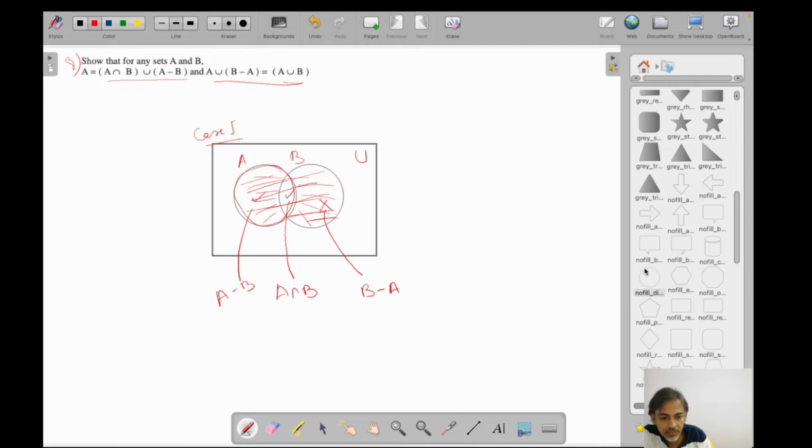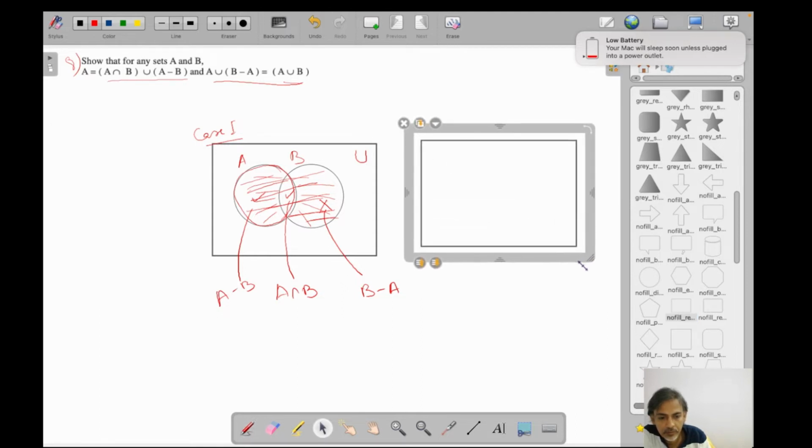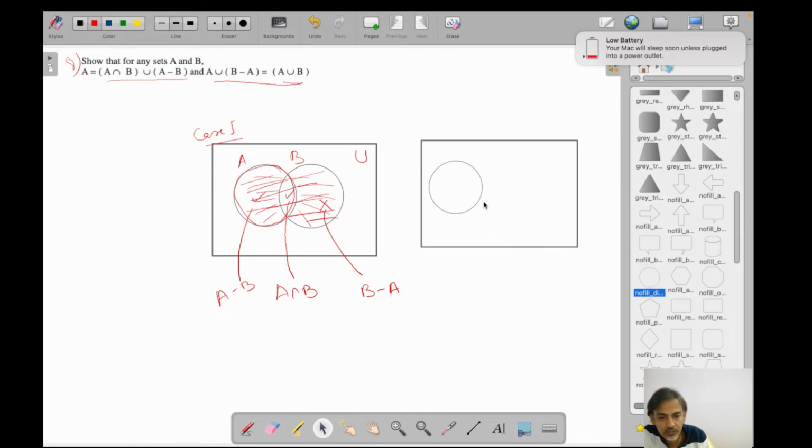Let's take another case. I take a universal set again, and let me make two sets which are disjoint, so A and B have nothing in common. Now I have A like this, B like this, U like this. A intersection B is phi because there is nothing common.